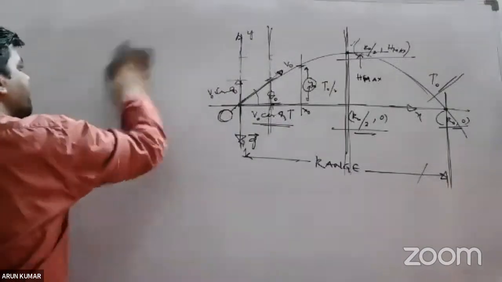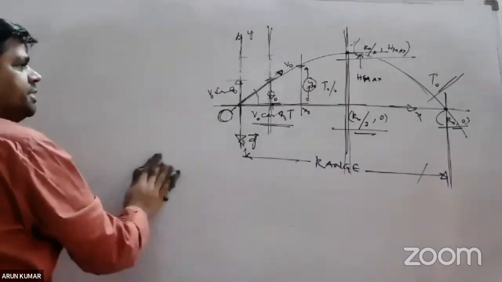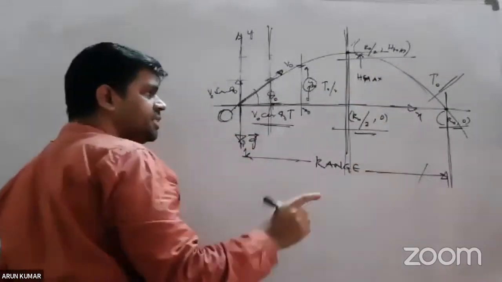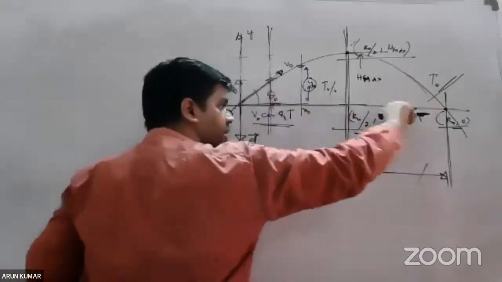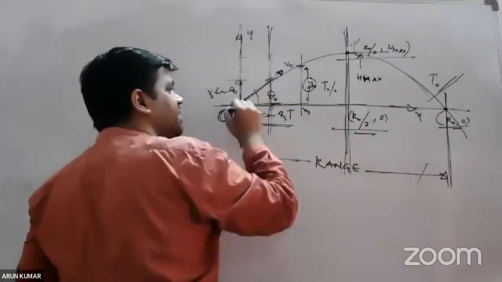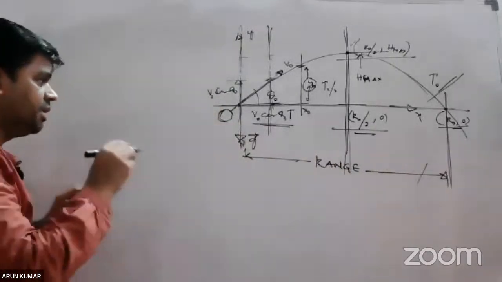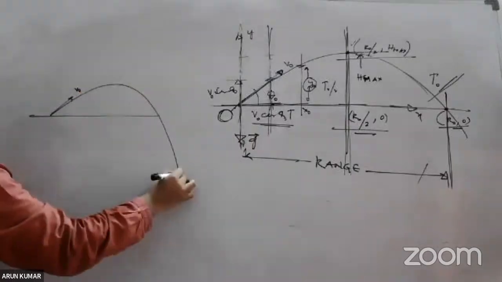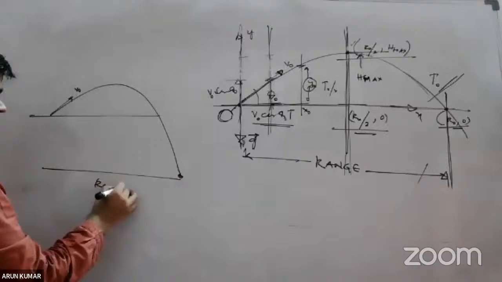Now let me explain what we mean by range. Technically, what is meant by range? I have a particle moving from here to here. Range is defined when the particle is again coming back to the same level, that is, the y coordinate is again becoming 0. The horizontal distance covered is the range. If I say the particle is projected like this and it is landing here, this is not called range.